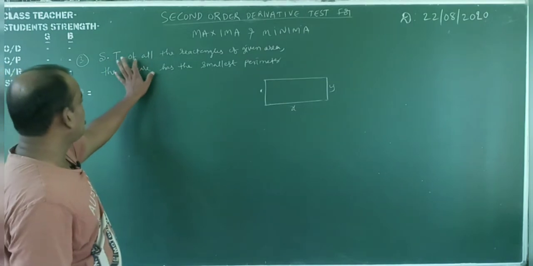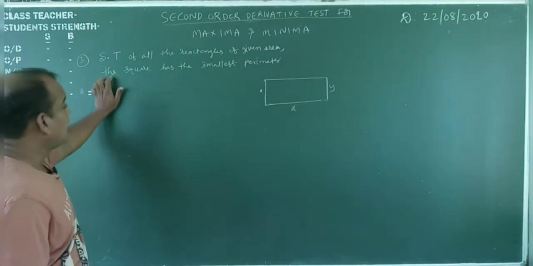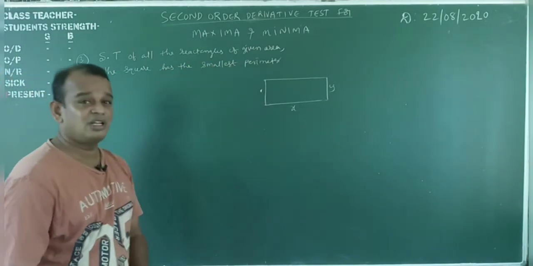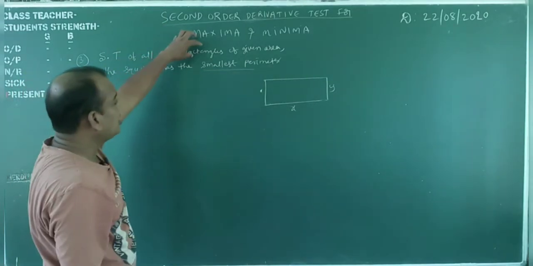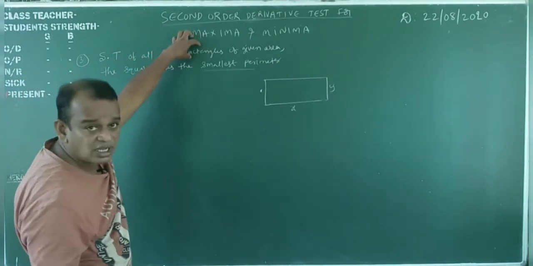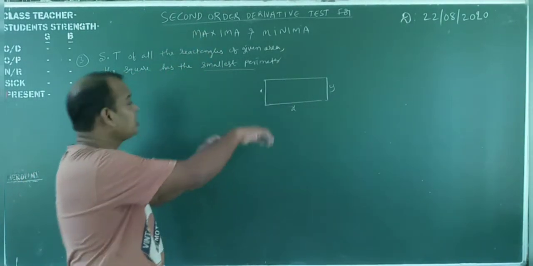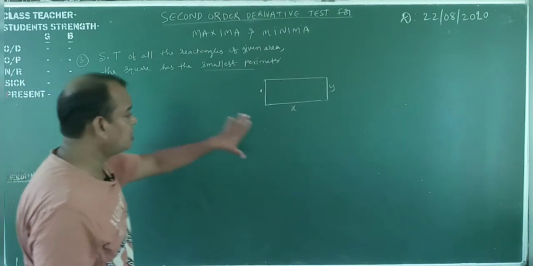Show that of all the rectangles of given area, the square has the smallest perimeter. What is the meaning of that? Smallest perimeter means the perimeter of the rectangle is smallest. Whenever the perimeter of the rectangle is smallest, the rectangle will change into a square.